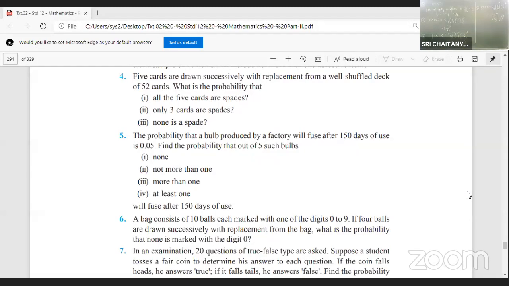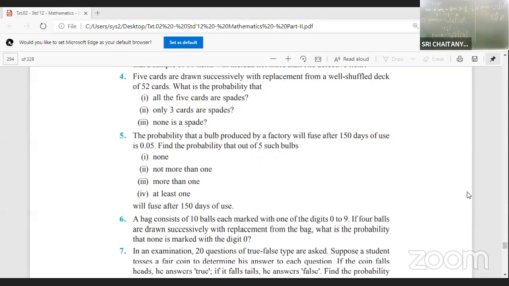A bag consists of 10 balls, each marked with one of the digits 0 to 9, right? If 4 balls are drawn successively with replacement from the bag, what is the probability that none is marked with 0?